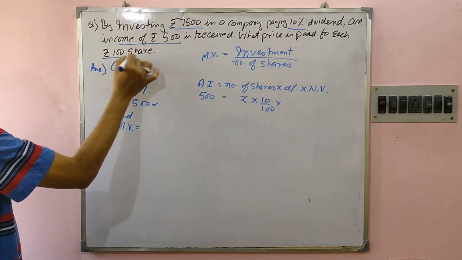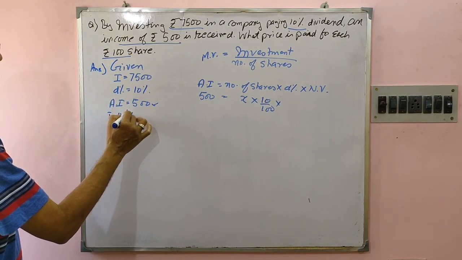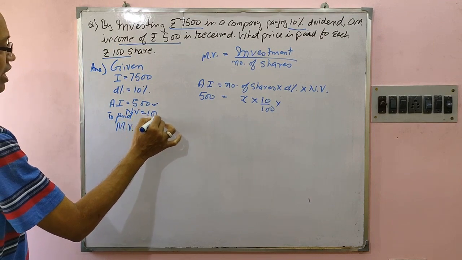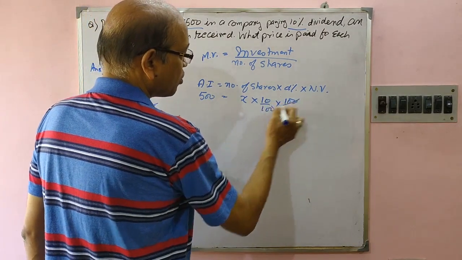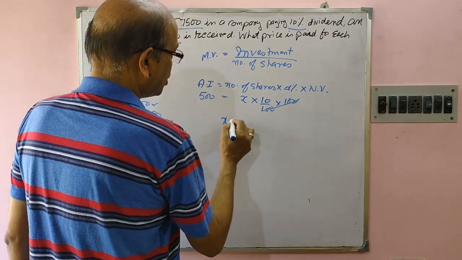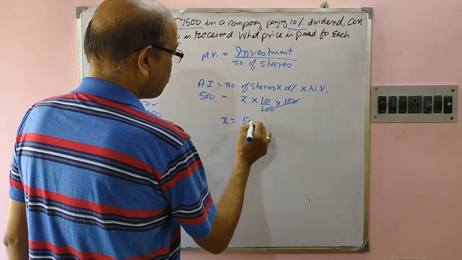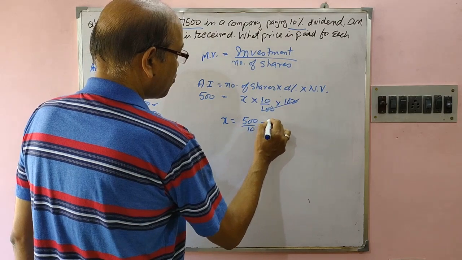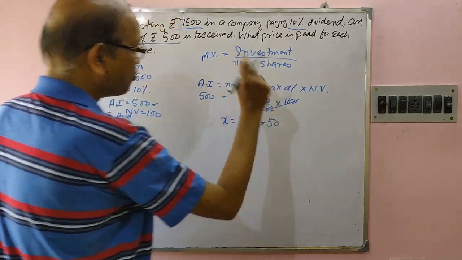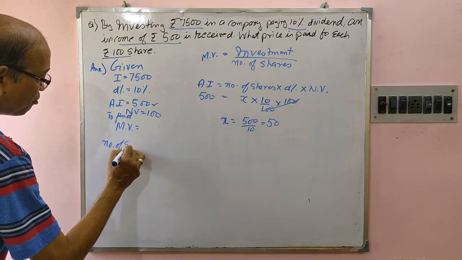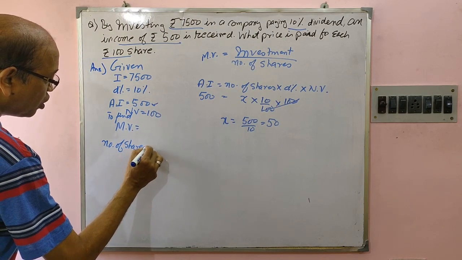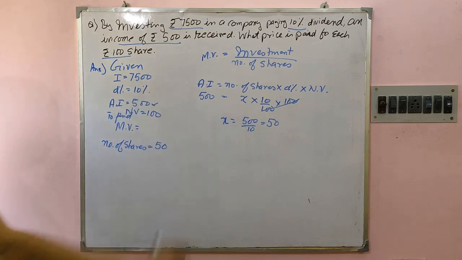The nominal value is also given here as rupees 100. Or X equals 500 by 10, which is 50. Therefore, number of shares is 50.